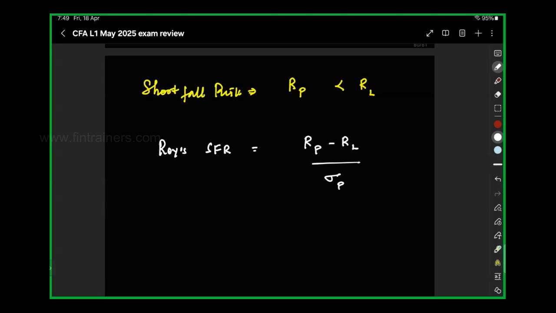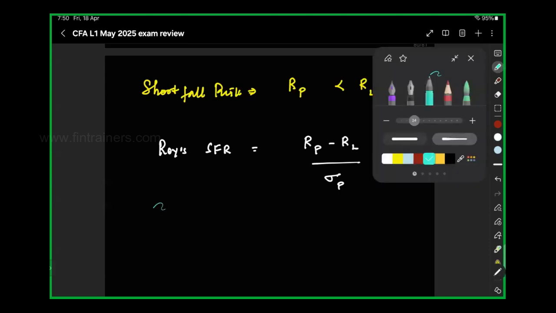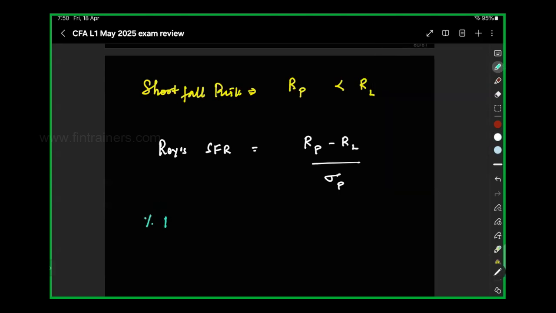You calculate this SFR, and then the next step is to understand the percentage probability that the return will be less than your minimum acceptable level, this shortfall risk. This R subscript L is the minimum level that we can accept or be okay with.